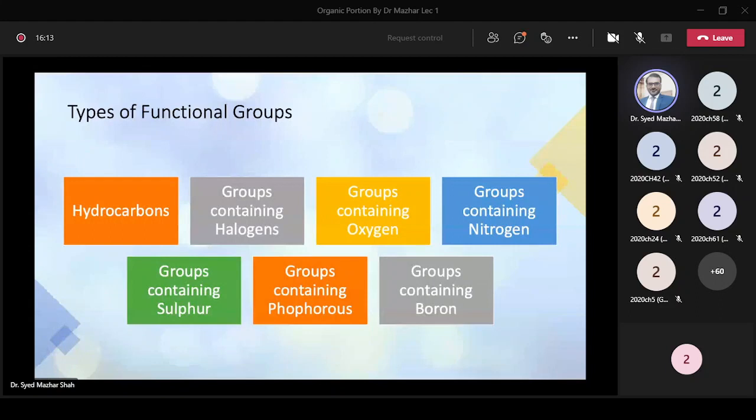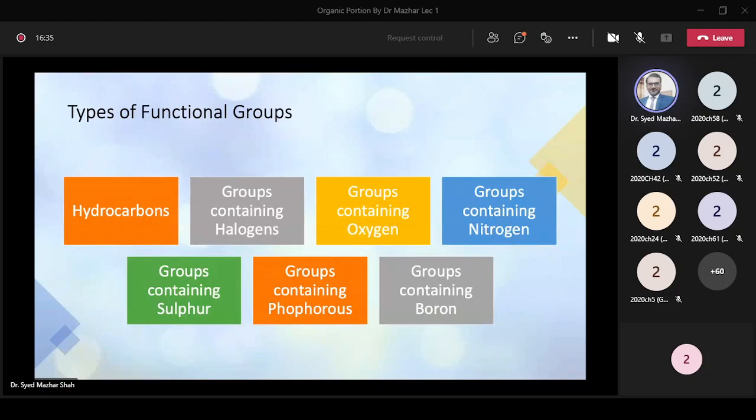Nitro also contains oxygen. So these are all the different types of functional groups which contain oxygen in addition to carbon and hydrogen.